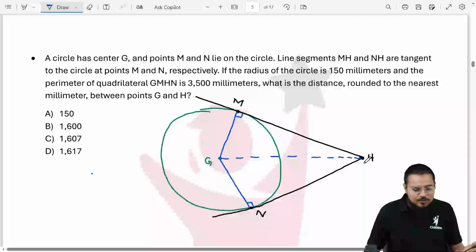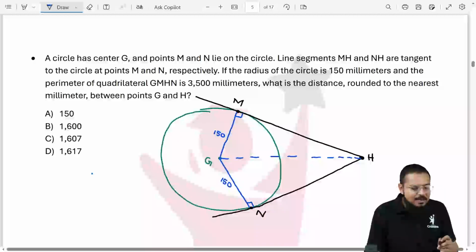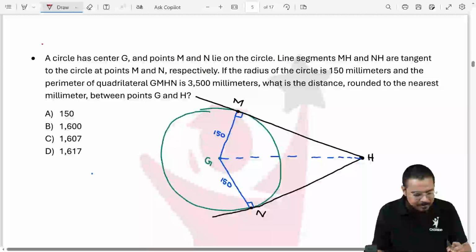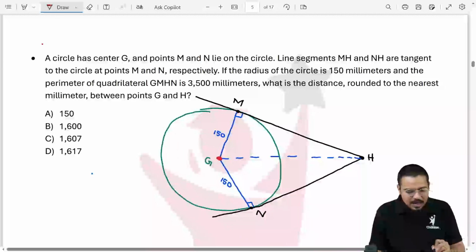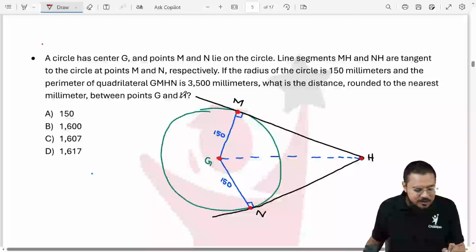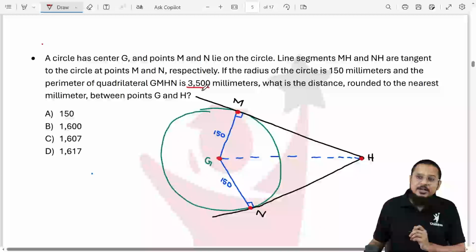Now what is given to you? If the radius of the circle is 150, that's 150 and that's 150 as well. Now moving on, the perimeter of quadrilateral GHMN. What is GHMN? For example, this is G, and this is M, and this is H, and this is N. You can see a kite being created, called a quadrilateral over here, but it says that the perimeter of this entire quadrilateral is 3500 millimeters. I'm done with 150 and 150. Altogether, I'm done with a total length of 300 millimeters.